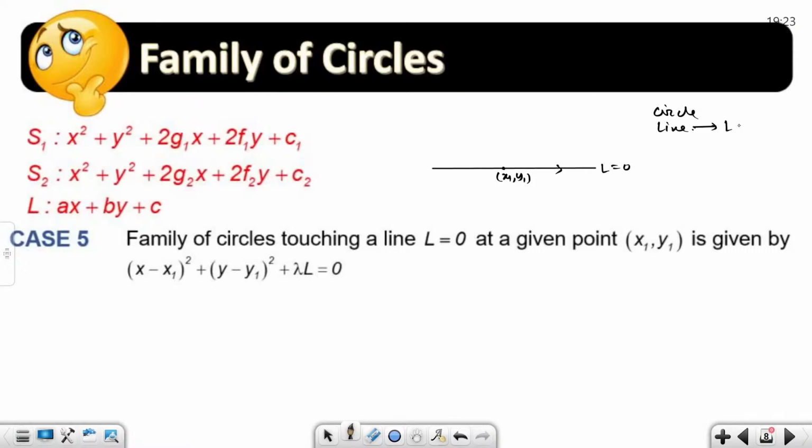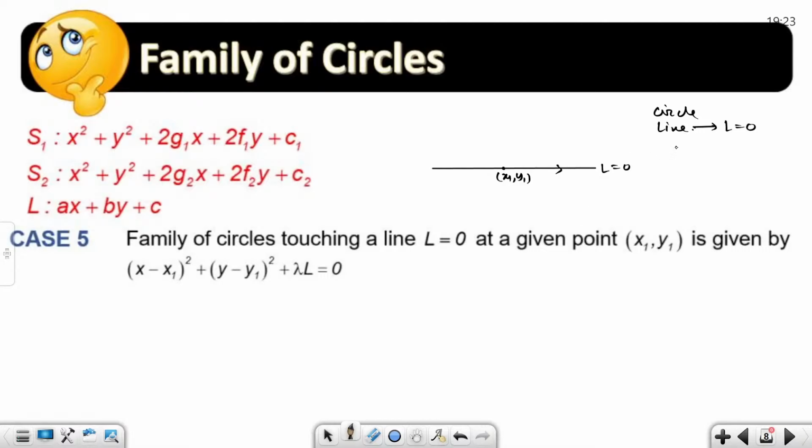We have been given this line, which is L equals 0, but I don't have any circle. So how to find a circle? Simply by having one point. How can we find the equation of a circle having only one point?